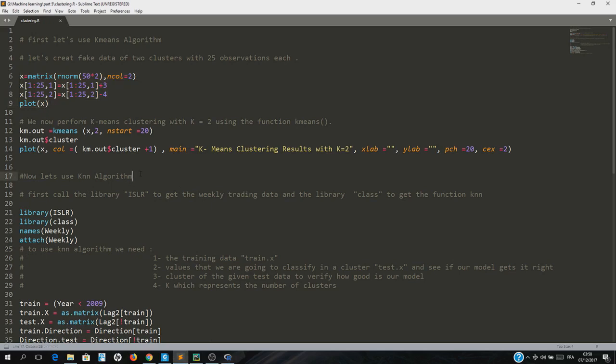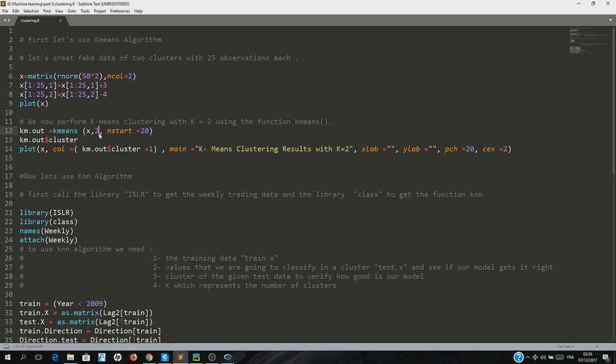First, let me tell you about the function kmeans, which is a function provided by R. That's why I love R. I always tell you that it's really easy compared to other languages that don't have pre-built functions. This kmeans function takes only the observations, our x, and the number of k's, that means the number of clusters we're going to predict, chosen by the user, of course.